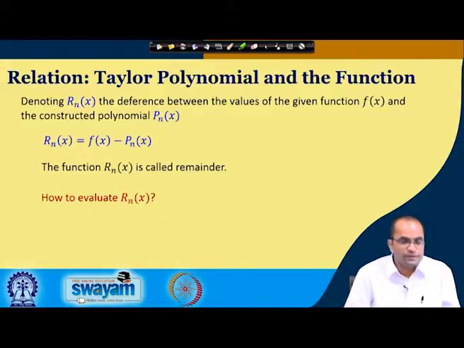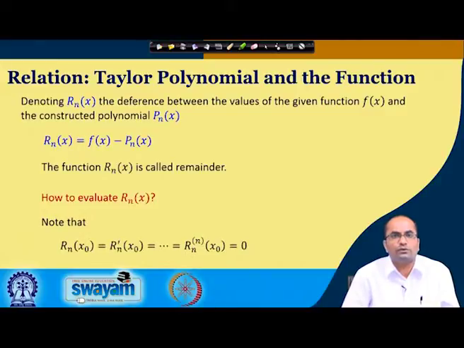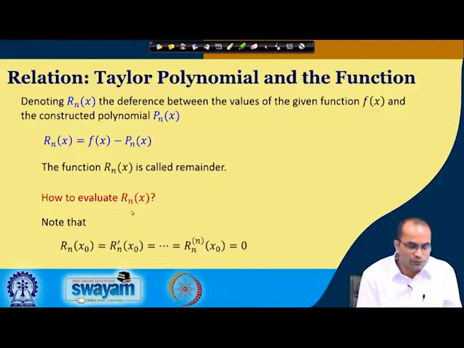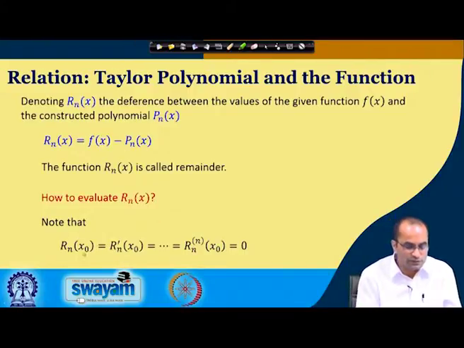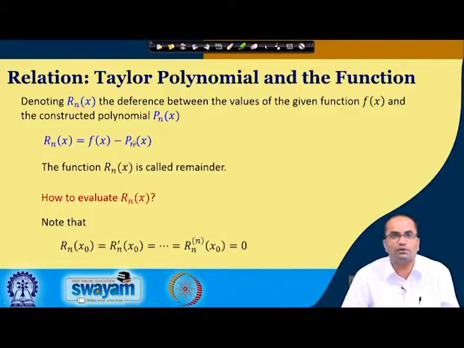So, now the question is how to evaluate this R n x, and to go further with the evaluation, we first note that R n at x 0 is f x 0 minus P n x 0, and by construction this polynomial at x 0 is equal to the function value at x 0. So, this is 0, and the first derivative is the same thing. The first derivative of f at x 0 is equal to the first derivative of the polynomial at x 0.